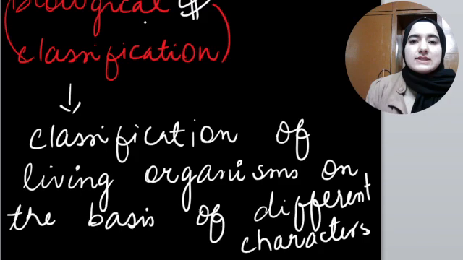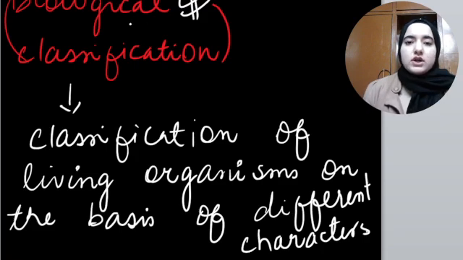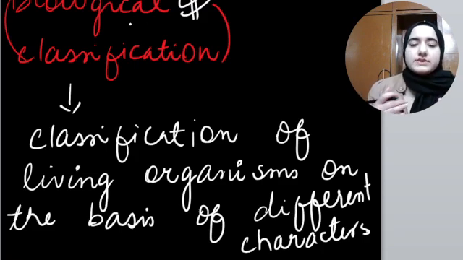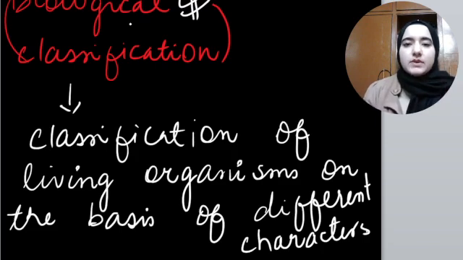Now, why is it necessary to classify organisms? The answer is we classify organisms in order to simplify our study. Say for example, anyone among you went to the chemist shop. You will ask them for medicines, right?